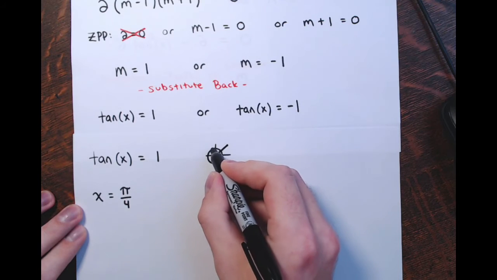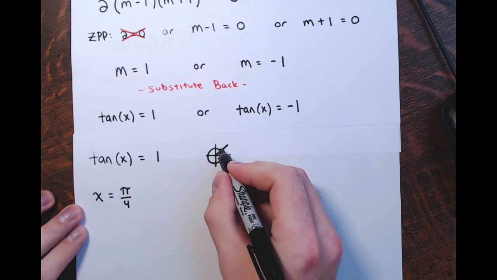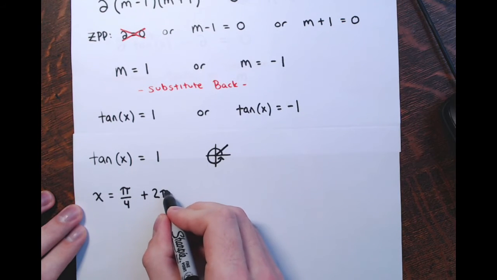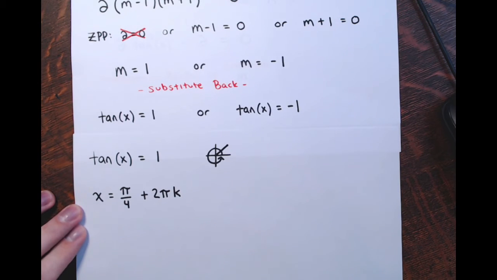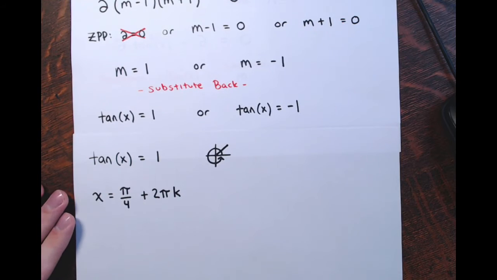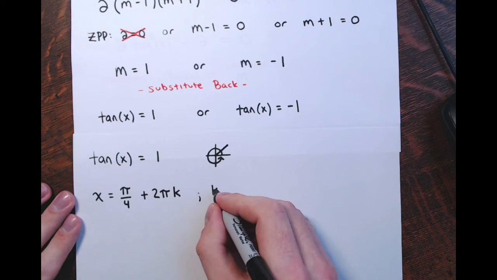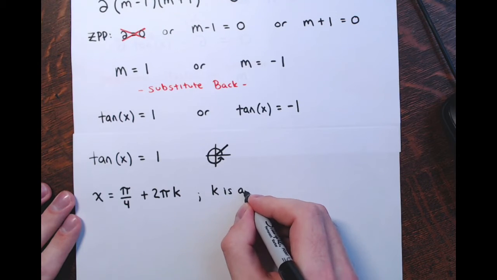And then I could add 360 or 2 pi, or subtract 2 pi. I could add any multiple of 2 pi to this, and it would still give me an angle that had a tangent of 1. So I could add 2 pi k, where k is some integer.